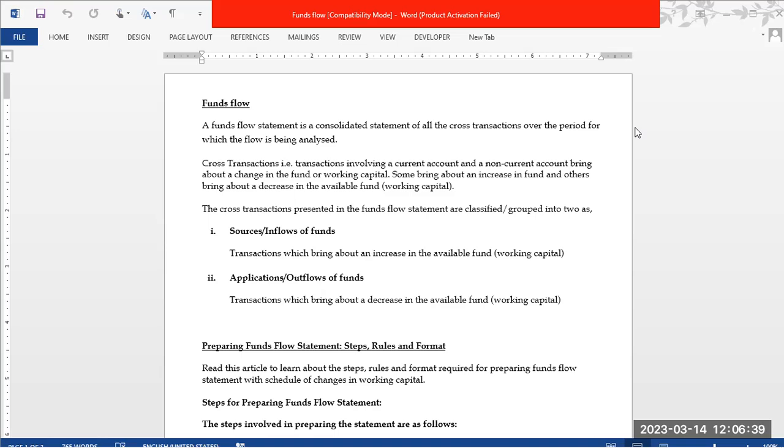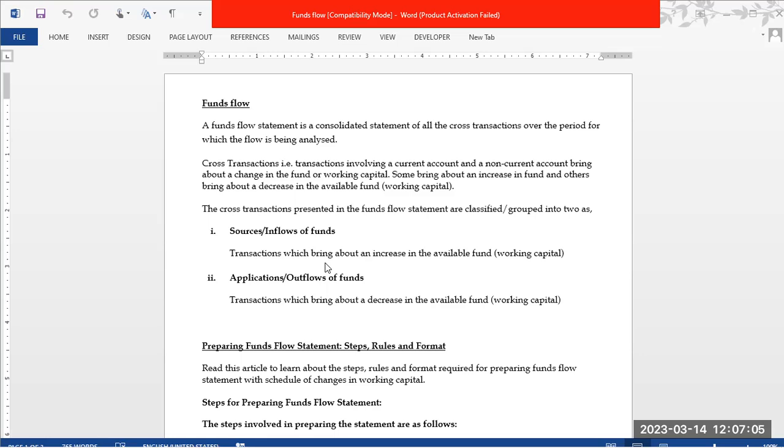These are simply transactions which bring about an increase in the available funds or working capital. Applications or outflow of funds are transactions which bring about a decrease in the available funds or working capital.